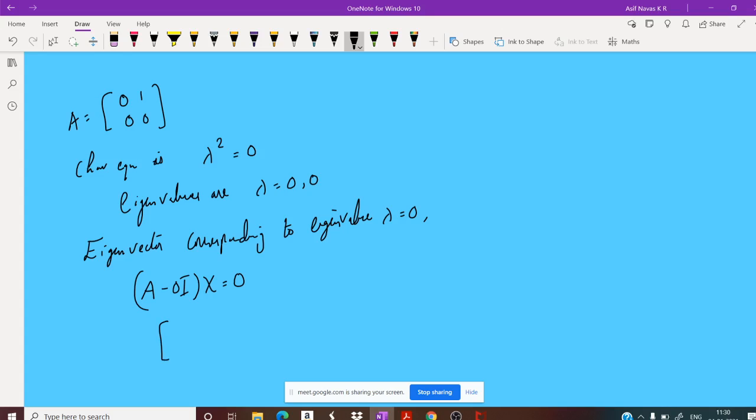So what is that matrix? 0 1, 0 0, and this is a 2 by 2 matrix. Then I am writing x1, x2, where capital X is the vector x1, x2.